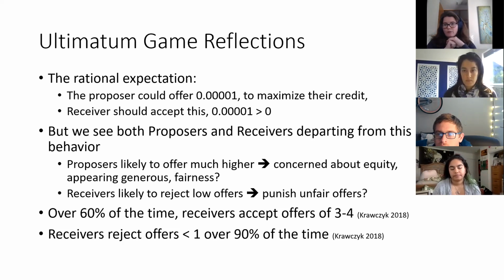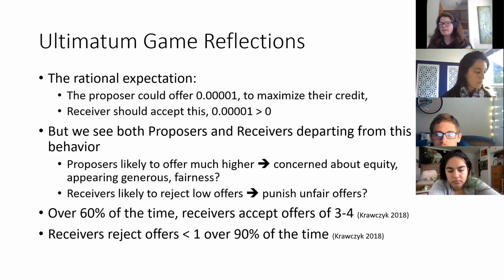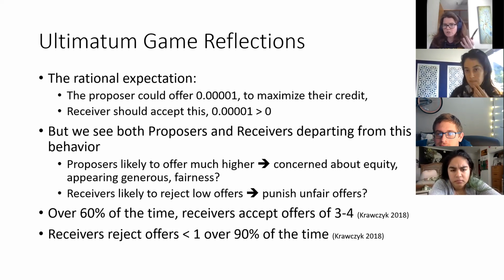There was some discussion about fairness. They thought it was reasonable to have a split closer to an even split of the credit. Some folks said they weren't really invested. They didn't earn the credit, so it wasn't too much of a sacrifice for them to share equally with the receiver.